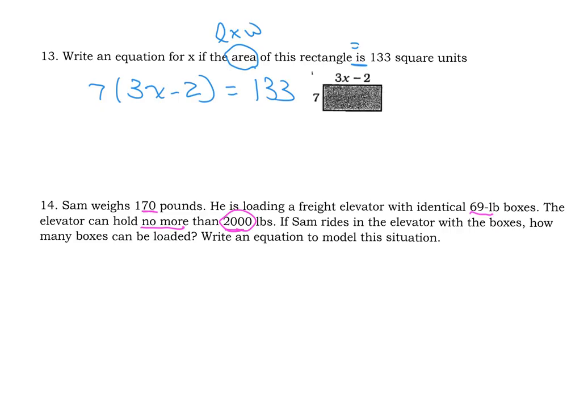Okay, so we know we're starting with Sam's weight, and we're adding the boxes in with them, and we know the boxes' weight are 69 pounds each. We don't know how many boxes, and so we're going to set it equal to 2,000. If it says 15.8, well, it'll be 15, because if I do 16, it'll go over. But we're not solving, so we're just writing equations.